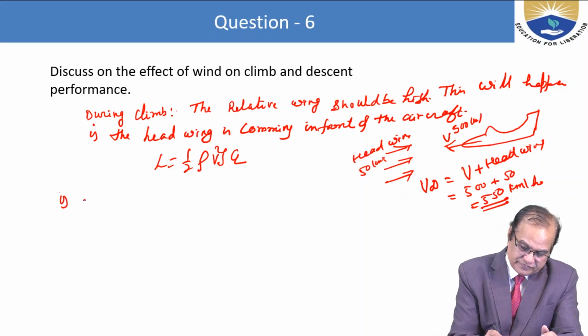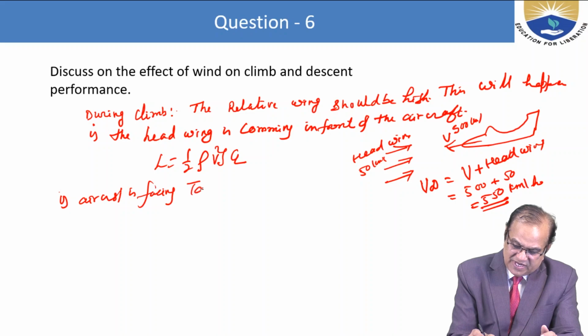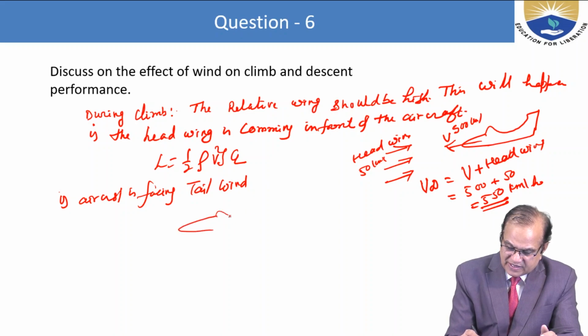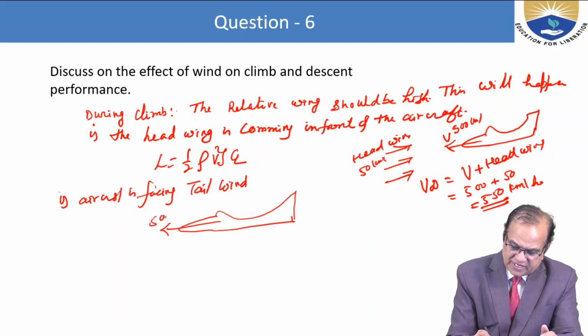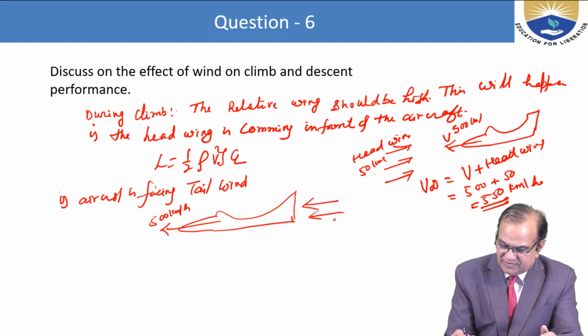If aircraft is facing tailwind, then I will draw here again. This is the tailwind. This is the 500 kilometers per hour, and tailwind in the same direction is 50 kilometers per hour.